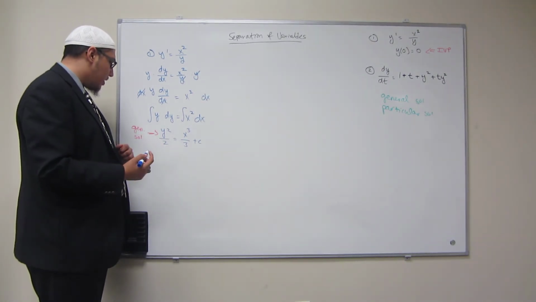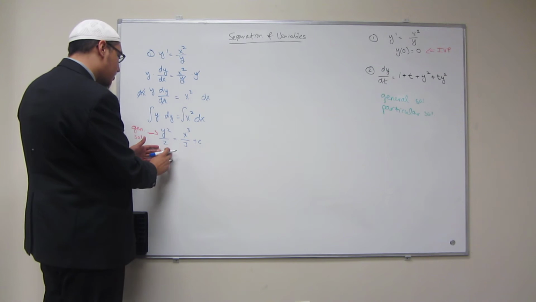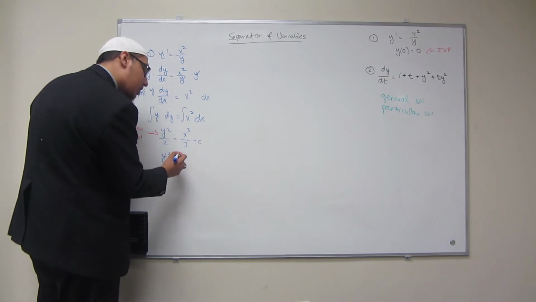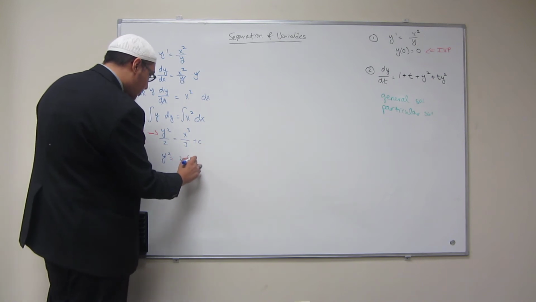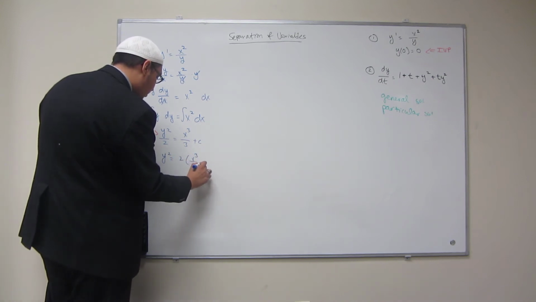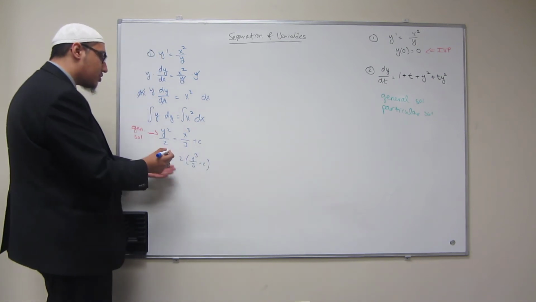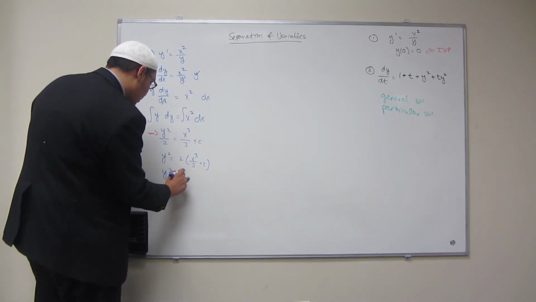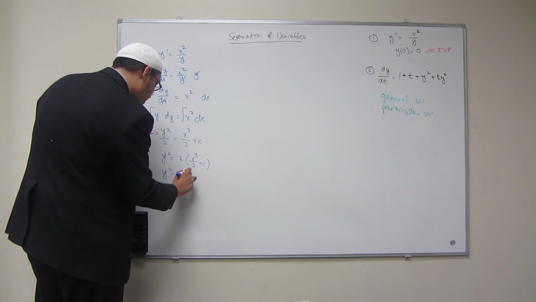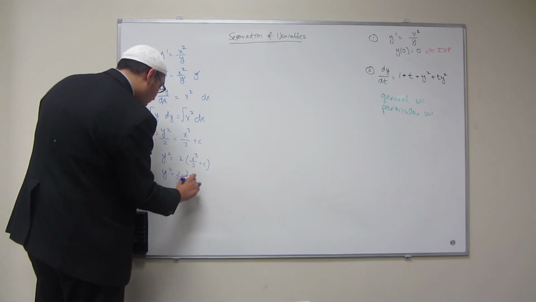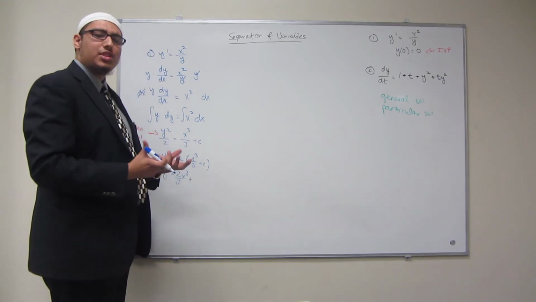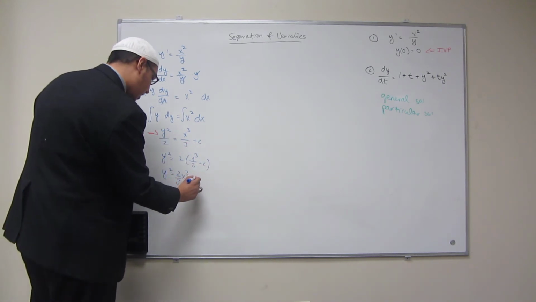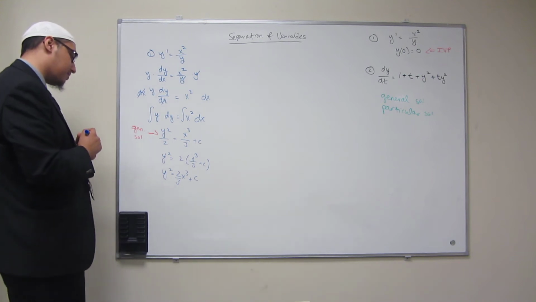To do that, we would simply multiply the 2 on both sides, getting y squared is equal to 2 times (x cubed over 3 plus c). Distribute the 2 inside these parentheses, getting y squared is equal to 2x cubed over 3 plus, well, 2 times c is just a constant. One constant times another is just a constant. I'll just write that over here.